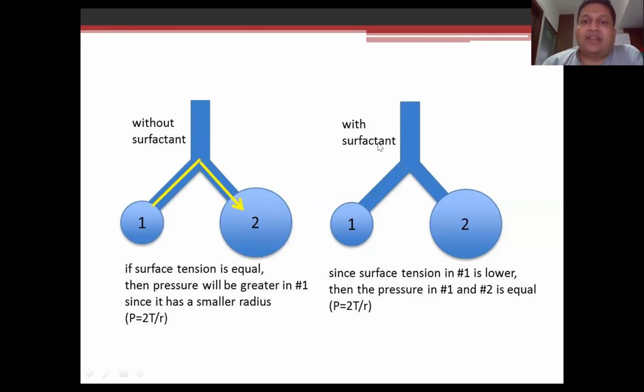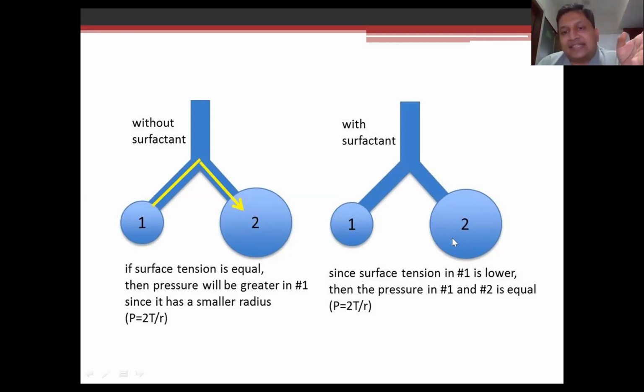But what happens with the surfactant? As I told you, the property of surfactant is greater in a collapsed alveolus. So even though according to Laplace's law the surface tension inside the small alveolus is high, to overcome this, the effect of the surfactant also doubles.